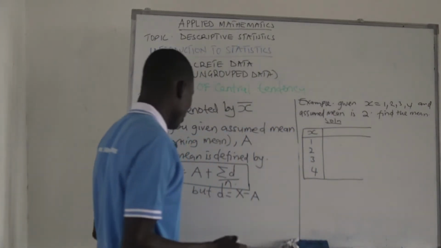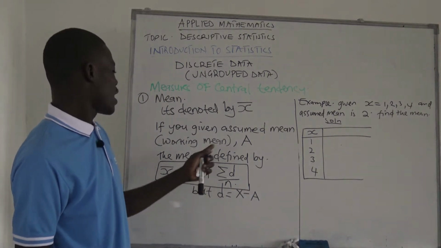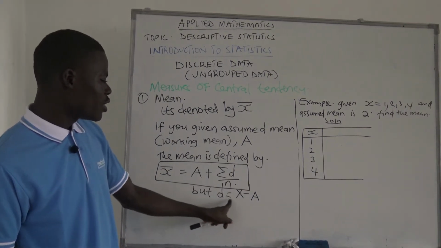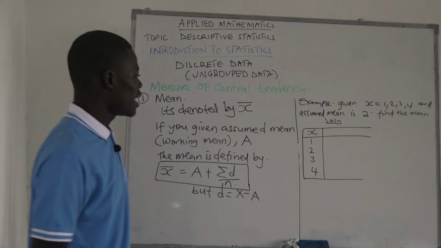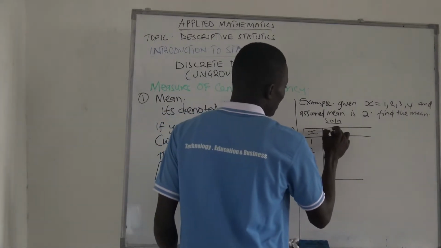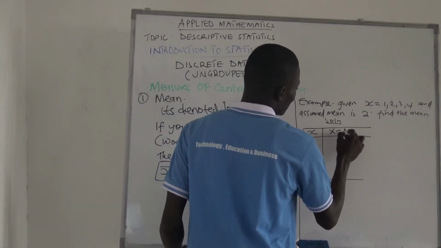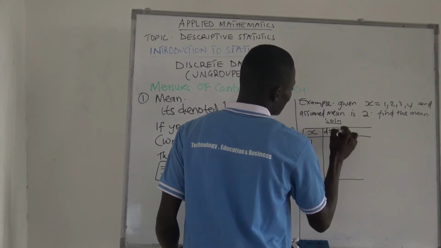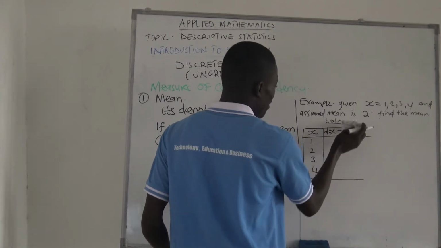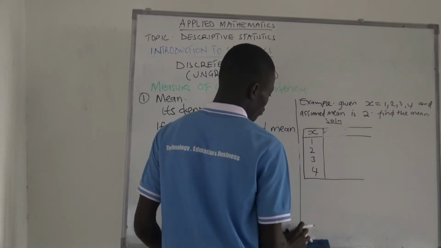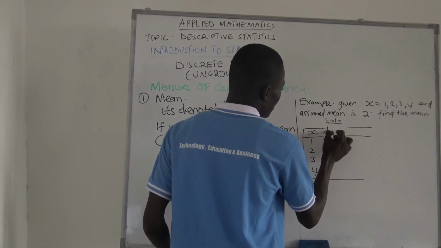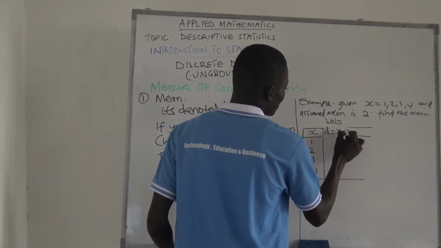Then after having the values of x, we want to get d, which is given by x minus a.